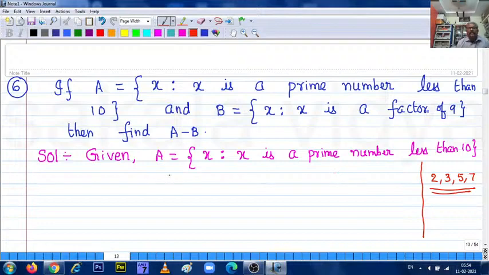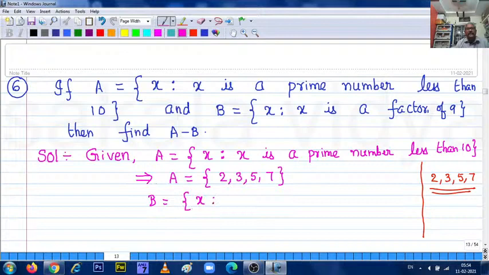So that implies A equals {2, 3, 5, 7}. 2 is an even prime number, the one and only even prime number. 3, 5, 7 are odd; all primes are odd except 2. Next, go to the second set. So now here B is given in set builder form. What is given actually?